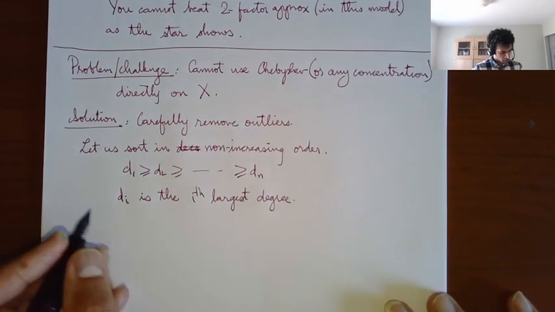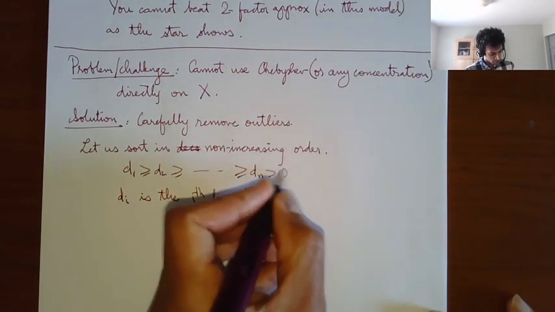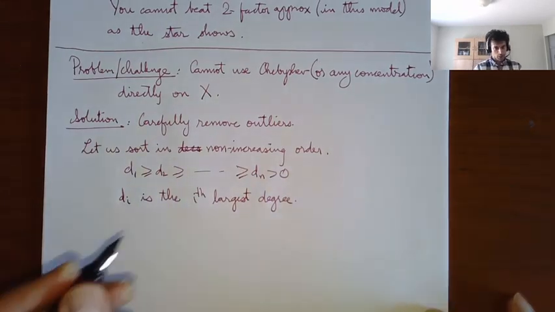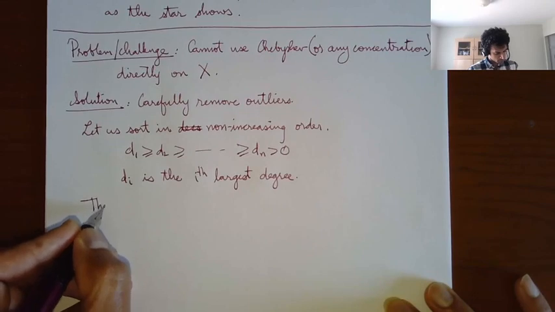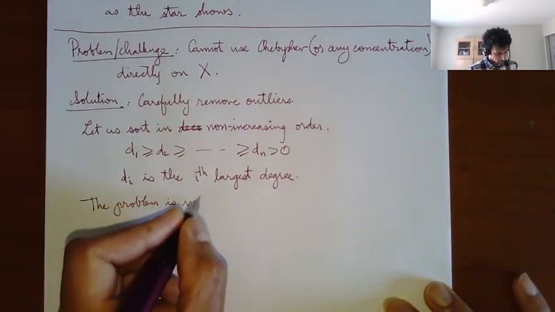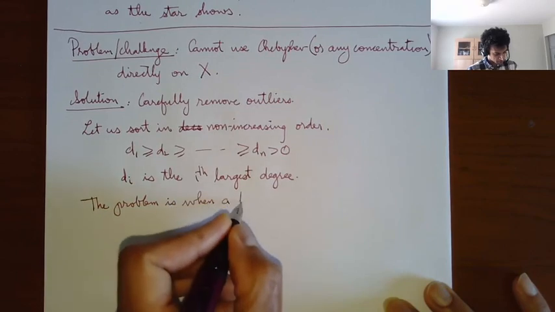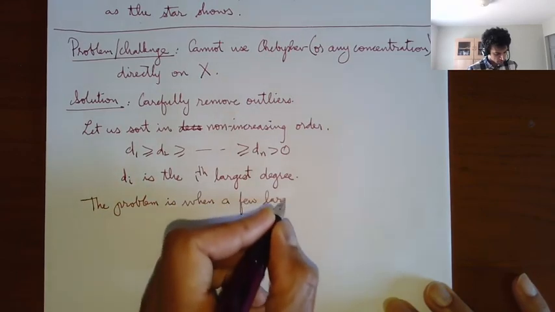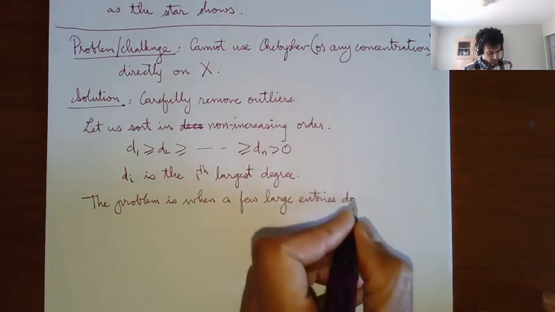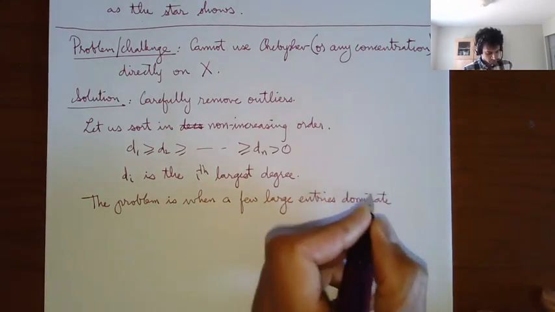Right? And we assumed no isolated vertices, so these are all strictly greater than 0. And as we discussed, the problem is when a few large entries dominate the sum.